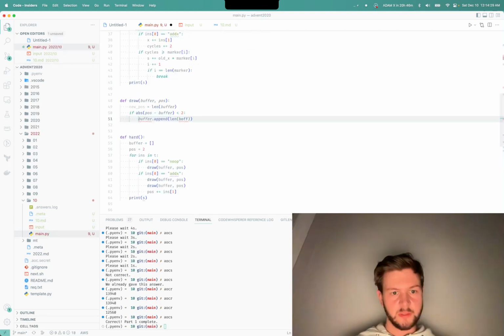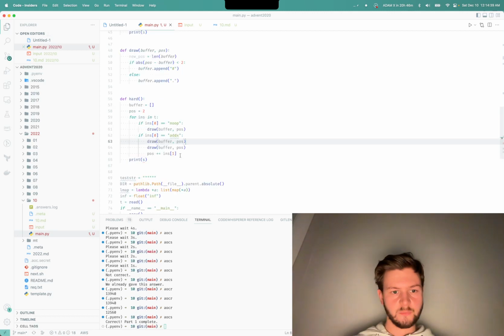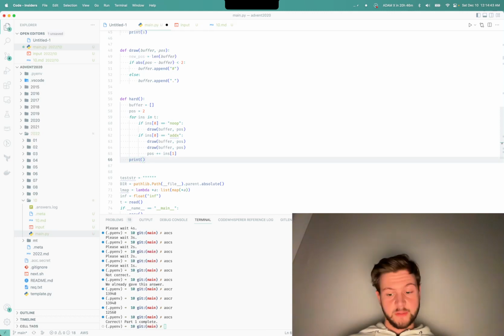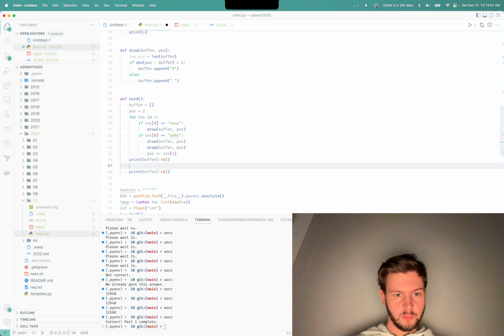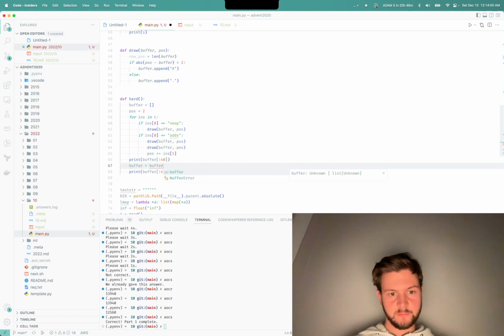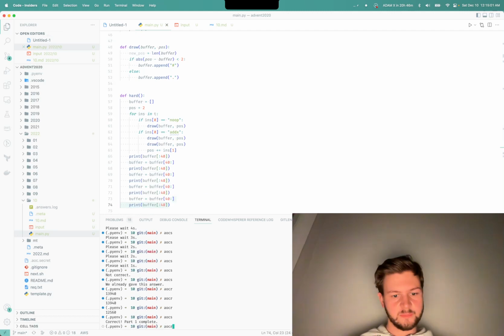Buffer append this, else buffer append this. Print buffer up to 40. Buffer equals buffer 40 cut. There's like 5 lines or something.